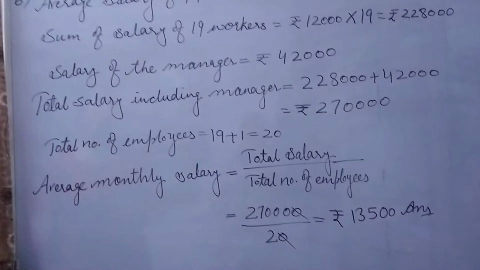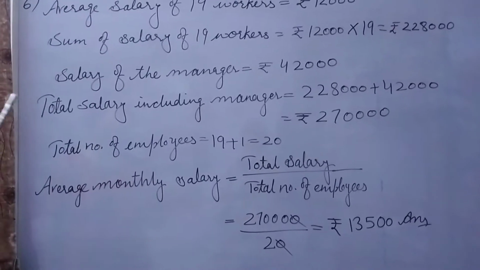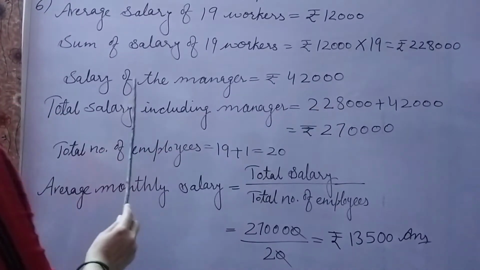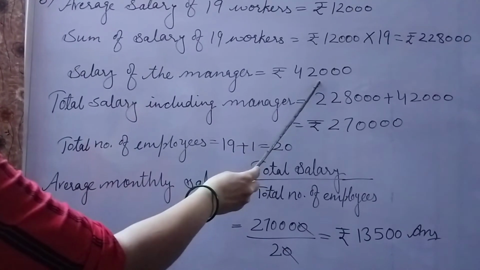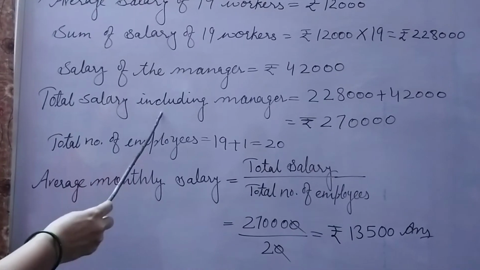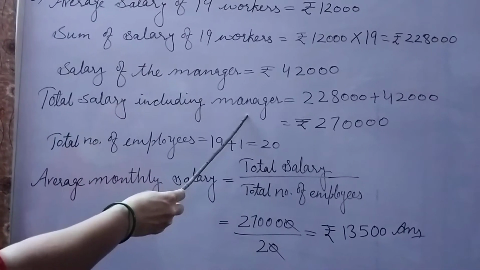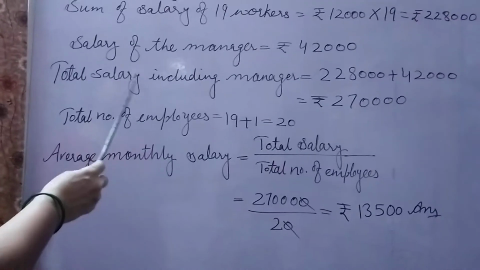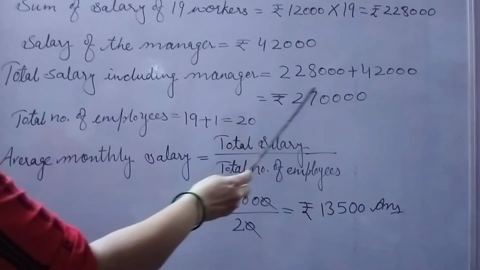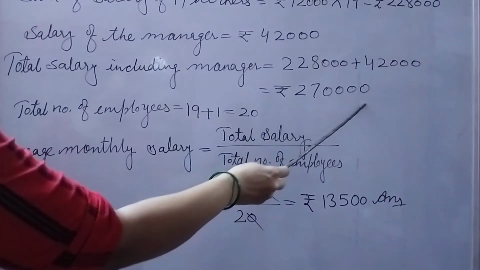The 19 workers' salary is this and the manager's salary is this. We can add these salaries. We can write here total salary including manager, or you can write total salary of workers including manager. Both are correct. You can add these two, we will get this answer.